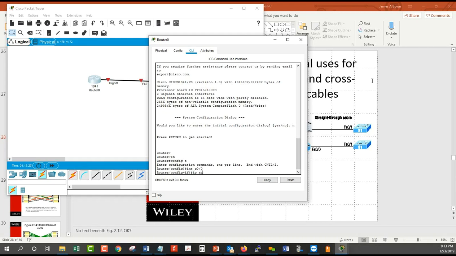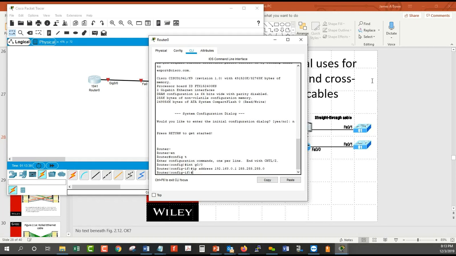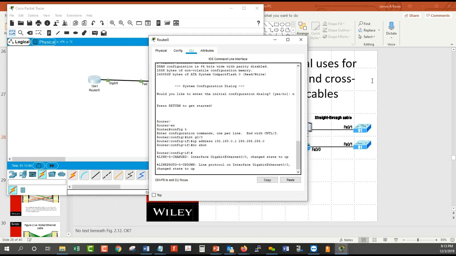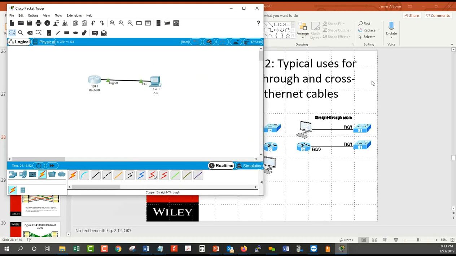And we are going to IP address 192.168.0.1 with a 255.255.255.0. And then we're going to do a no shut. Now, you'll notice that the whole thing came up.